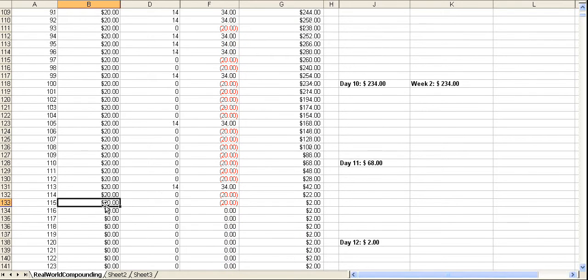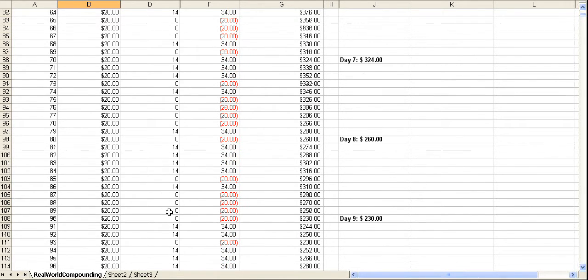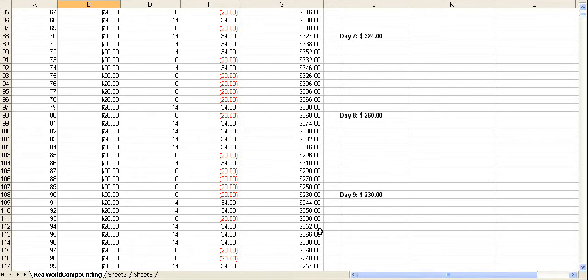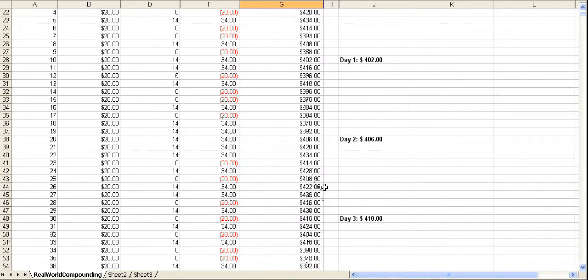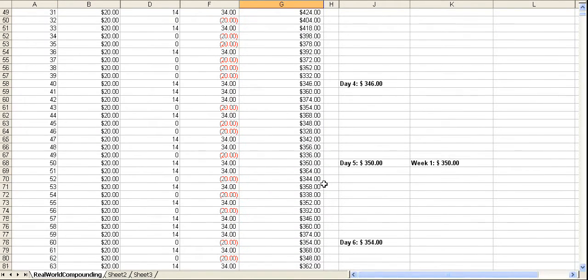And it stays at the minimum 20. And even though, let's go down here to, I don't know, right here. Let's see, day 1, 2, 3, 4, 5. At day 5, our balance is at $350.